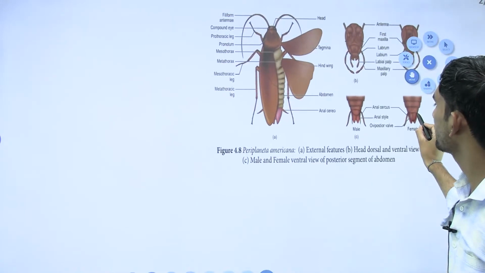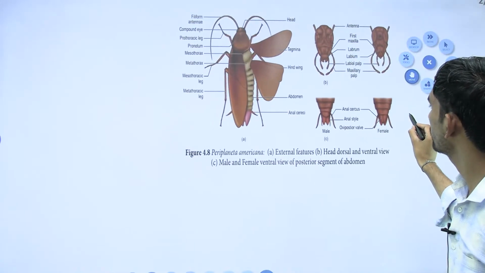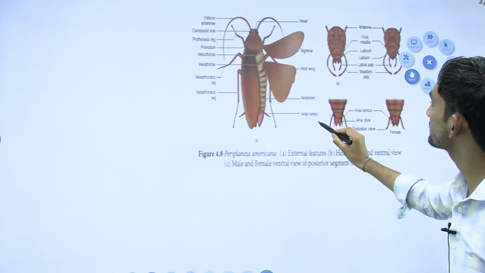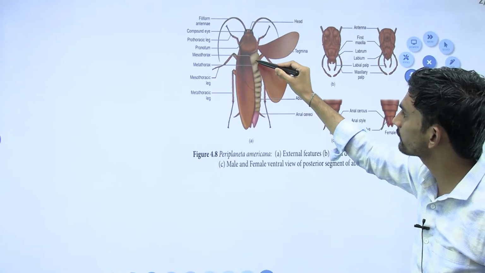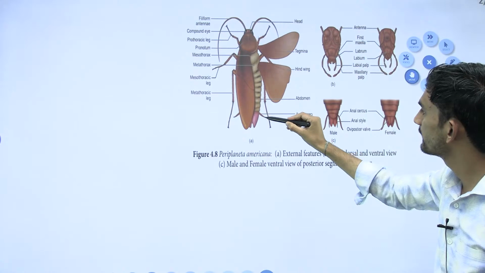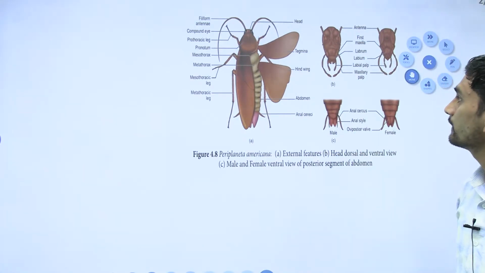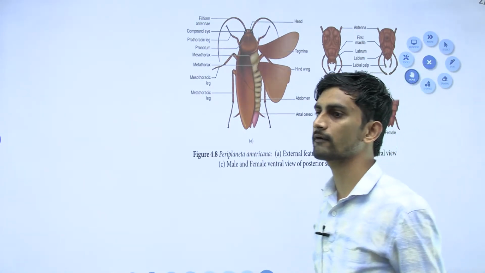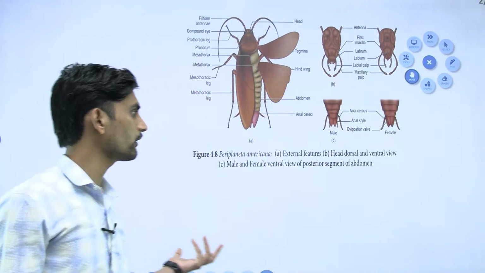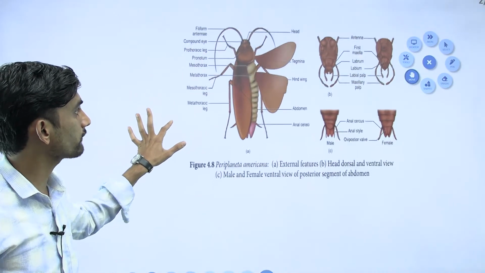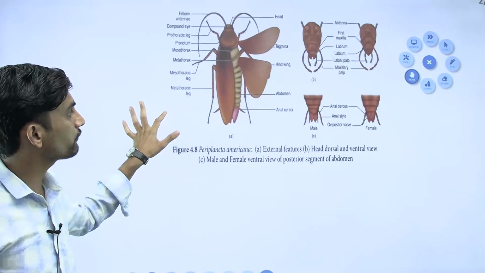Here they have shown the male and female ventral view. These platy structures are called sterna and terga. If they are present on the dorsal surface, we call them terga. If they are present on the ventral surface, we call them sterna. This is the cockroach structure, and this is the basic information you have to concentrate on.